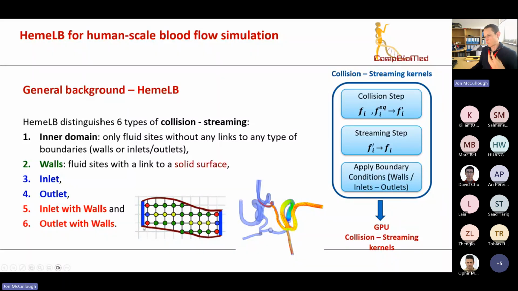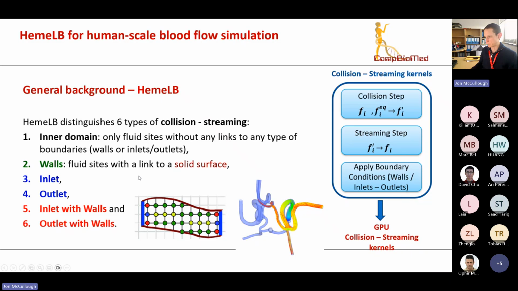And so when we converted the code to a GPU version, there has been some combination of these individual steps in order to get a more efficient deployment of the code on GPU. We know that the fluid sites, for example, are going to take the most time, so we can collect all the other ones together to work in the background to better utilize the GPU.